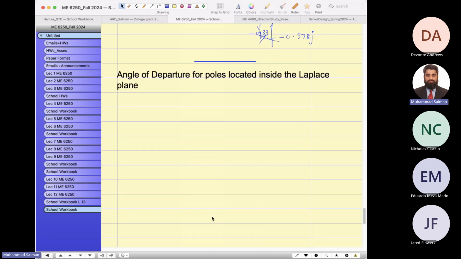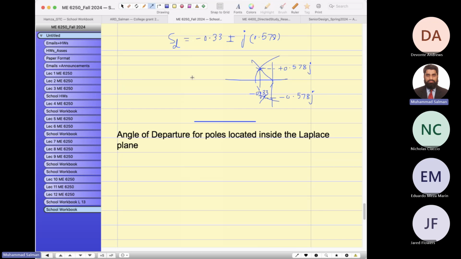In this previous case, we don't need to find the angle of departure because all the poles are located on the real axis.